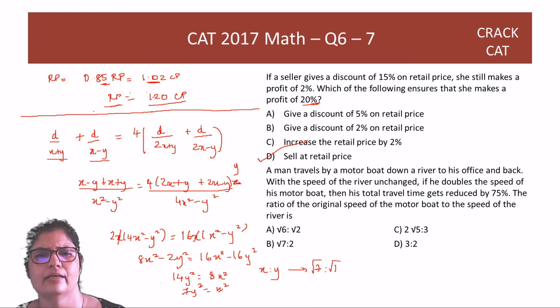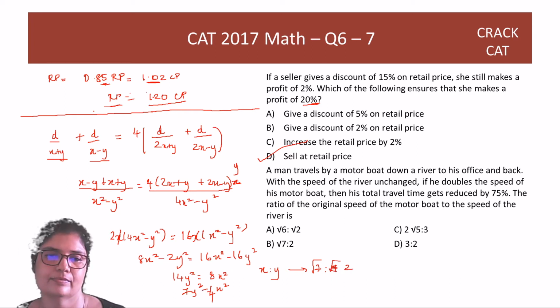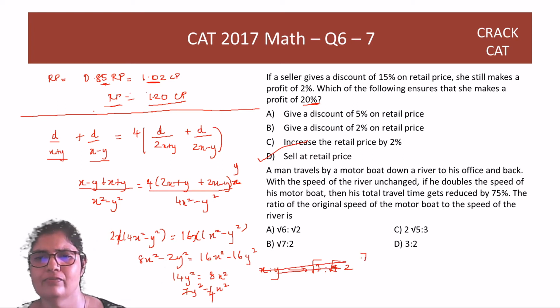I think yes, this is 4 here, correct? I'm so sorry, this guy will be 2, correct? So let me just do this part again. You get 7y square is equal to 4x square.